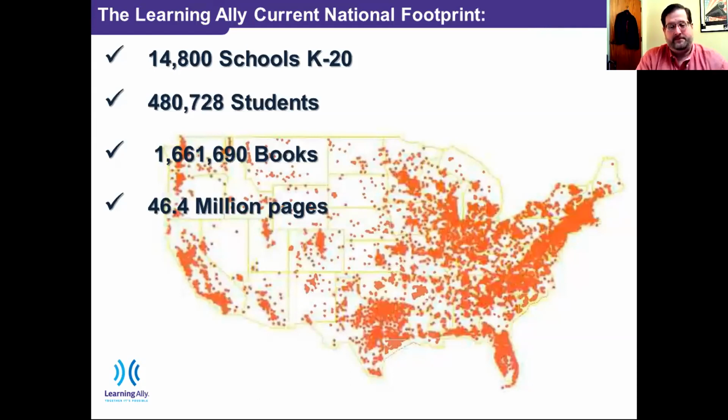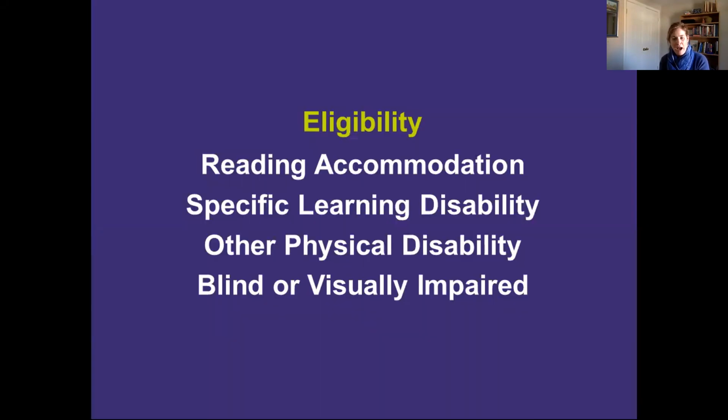Yeah. And then I just wanted to follow up. I think the way that you were describing the eligibility for Learning Ally is really important. As we're going through this series of how states, NIMAC State Coordinators, and AEM State Contacts can coordinate the provision of accessible materials to students in their states, it's important for them to communicate to educators in the state that eligibility really isn't on the student.